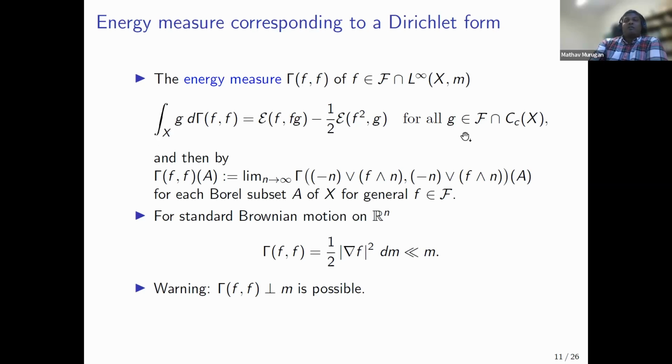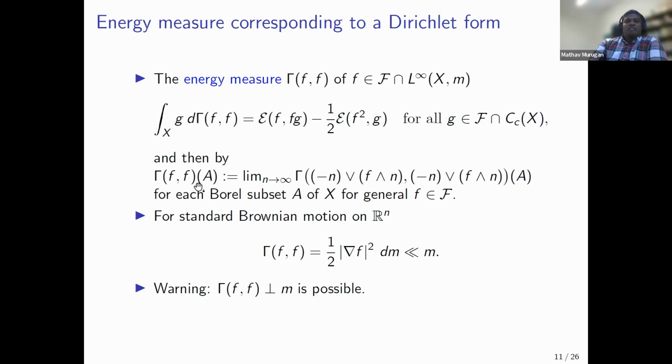So we are looking at all functions g which are in the domain of the form, which have compact support. And the integral of g against this energy measure is defined by E(f, fg), this Dirichlet energy between f and fg. So one should think of this as some kind of gradient of f dot gradient of fg integrated on the whole space, minus the integral of gradient of f squared dot gradient of g. So it's that kind of object.